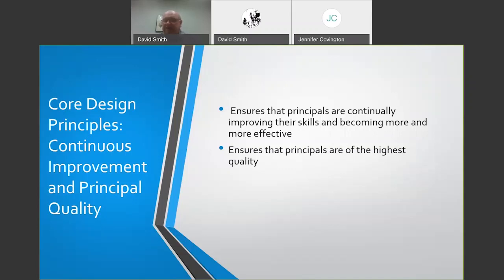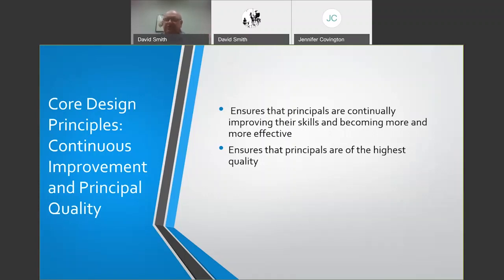And part of ensuring high quality is the idea of finding those who are having difficulty in their practice and giving them appropriate interventions, and then also doing the HR function, which is to either retain or dismiss principals who simply cannot function. And so we want to find those people and make sure that they don't just continue in the system. So that is our second design principle.